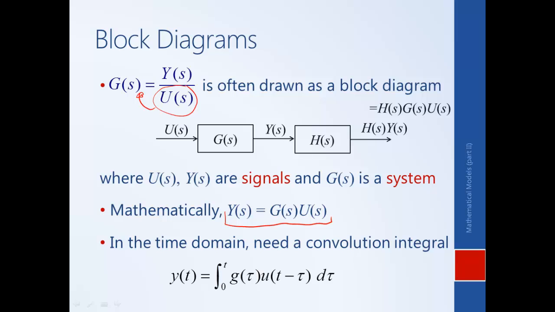And so if we wanted to know the combined dynamics of these two systems in series, an IC engine in series with a driveline, where u of s is the input to both systems in series and this is the output of both systems in series, we can see that we basically just multiply the two transfer functions. This begins to give us some understanding of how nicely the transfer function combines complicated systems. Multiplying two transfer functions is much simpler than performing a bunch of convolution integrals.